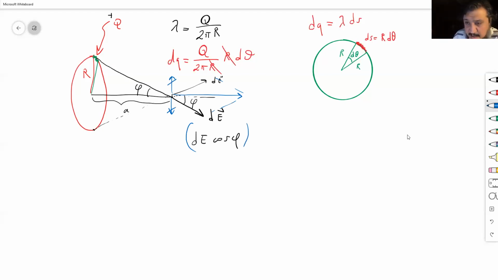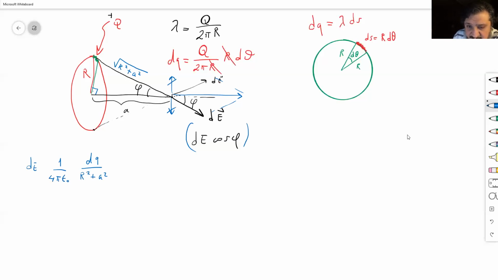So this is r squared plus a squared, right? That's the hypotenuse. Here you have the right angle. So that dq divided by r squared plus a squared, multiplied by 1 over 4 pi epsilon 0.